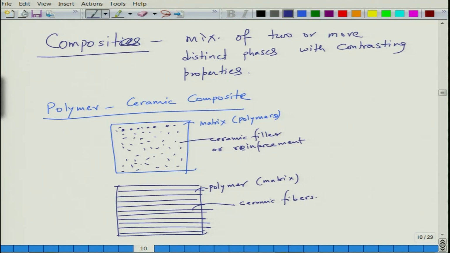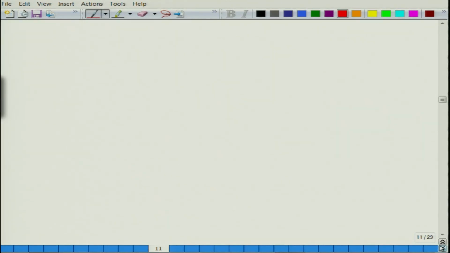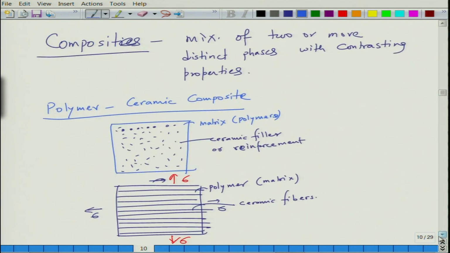Now, depending upon how you apply the load, whether you apply the load in this direction or in this direction, they can have different loading conditions, and they define how you write the expression for modulus. So, when you make these composites, you can modify the modulus. So, modulus of elasticity of composites. Not only can you make polymer ceramic, but you can also make metal plus ceramic composites.